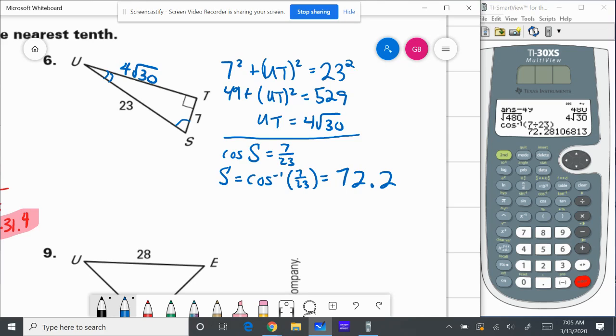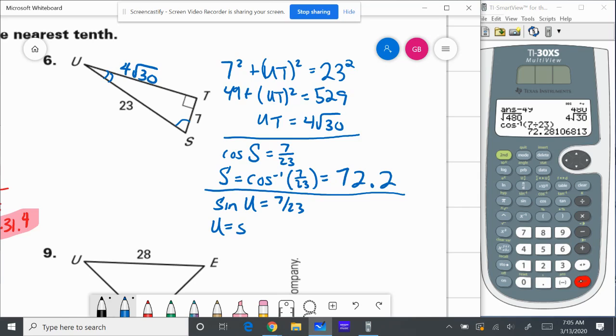Now to find U, 7 is opposite, 23 is hypotenuse. So we're going to use the cosine. I'm sorry, not the cosine, the sine. So the sine of U is equal to 7 over 23.